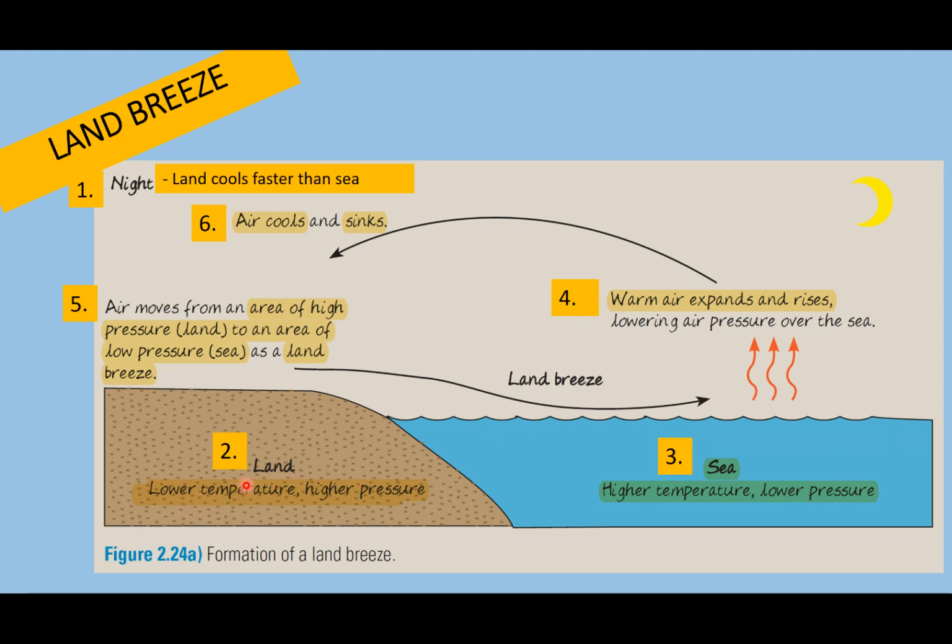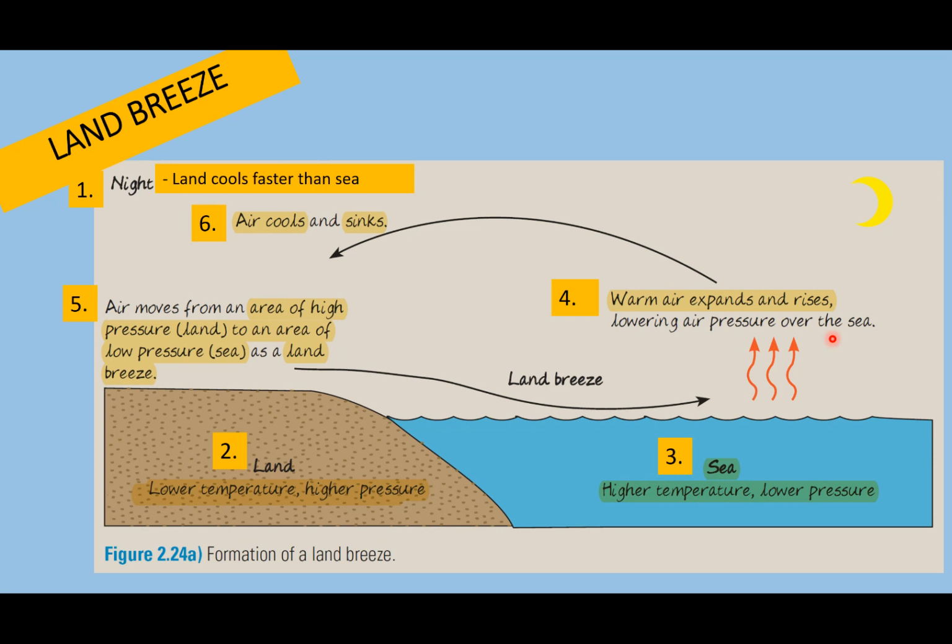So, at land, we have lower temperature and higher pressure. And the sea, we have higher temperature and lower pressure. Warm air expands and rises, lowering air pressure over the sea.